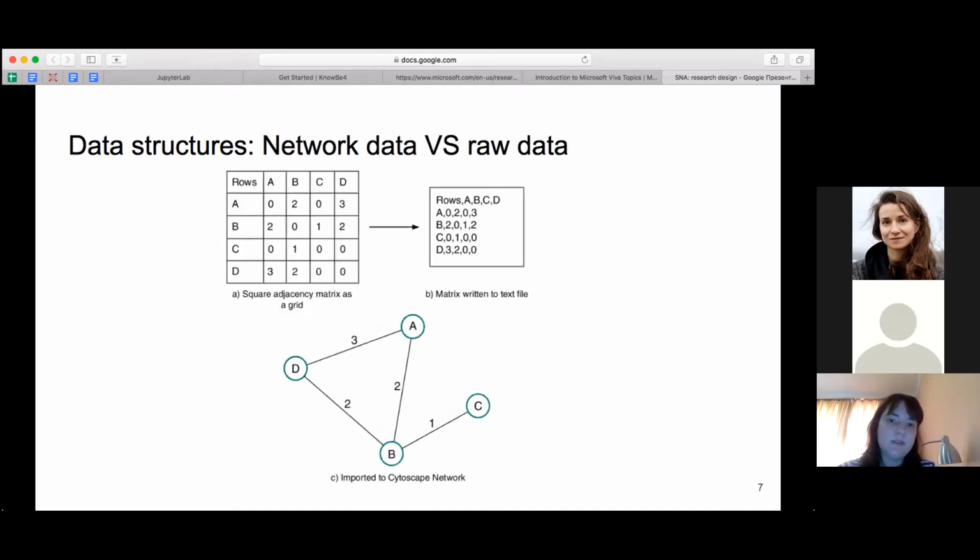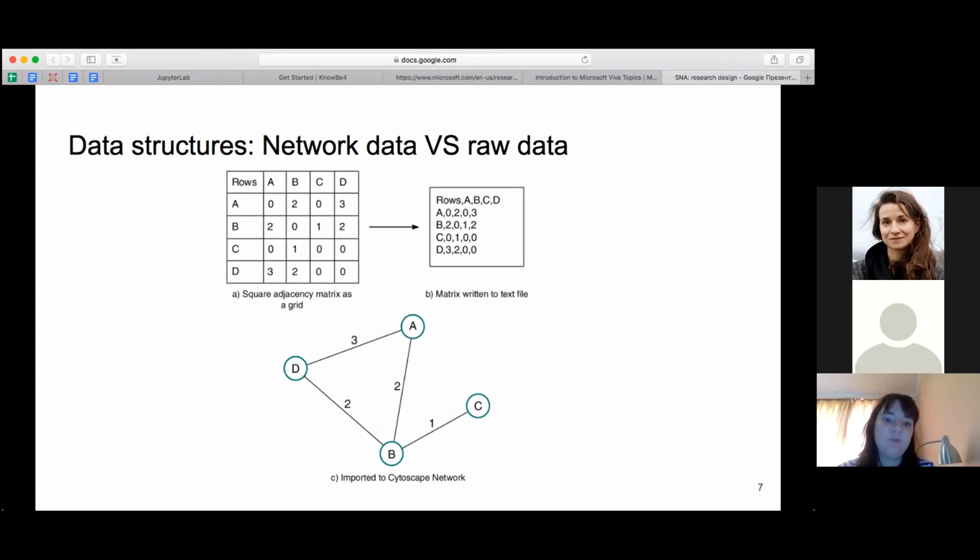Network data is recorded in a completely different way. There are multiple mechanisms of network data collection and storage. I would like to highlight here that actual network data are special. They are usually stored as an adjacency matrix or an edge list. And what do we store?